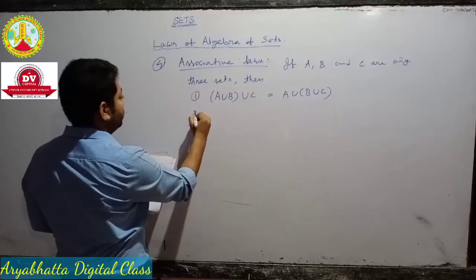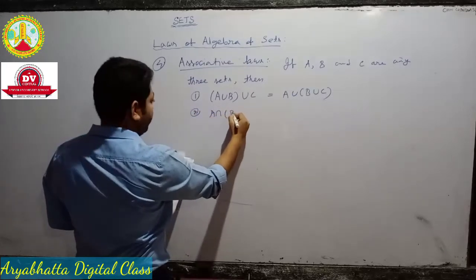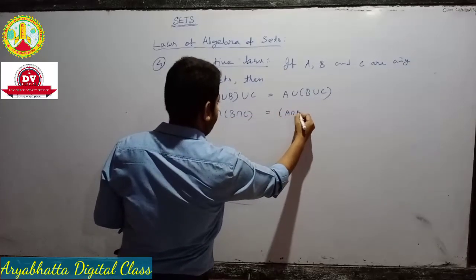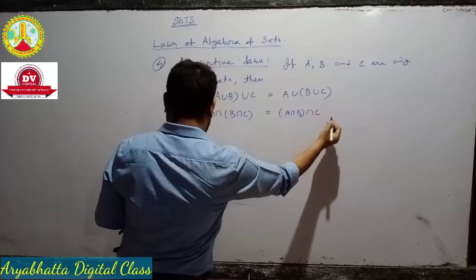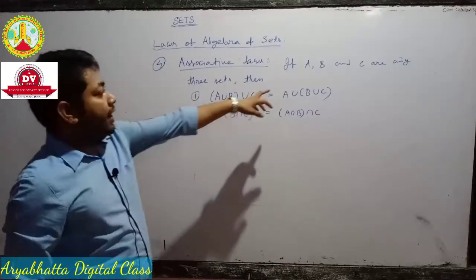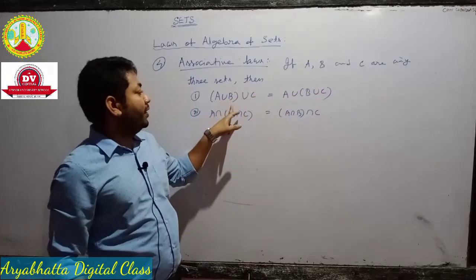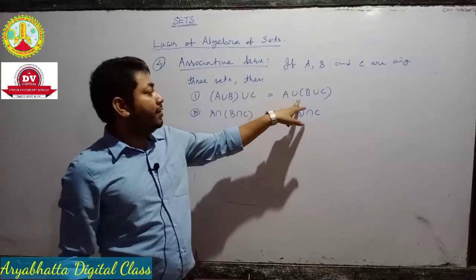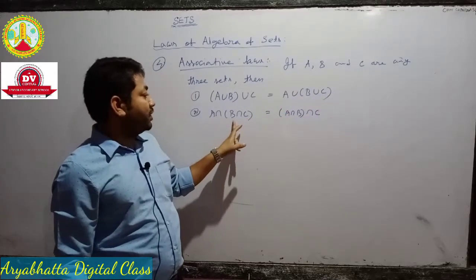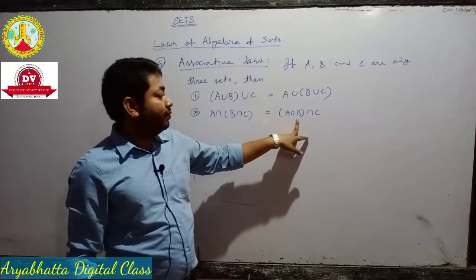Number 2, A intersection B intersection C with brackets. Union and intersection are associative. If A, B and C are any three sets, then (A union B) union C is equal to A union (B union C). Number 2, (A intersection B) intersection C is equal to A intersection (B intersection C).